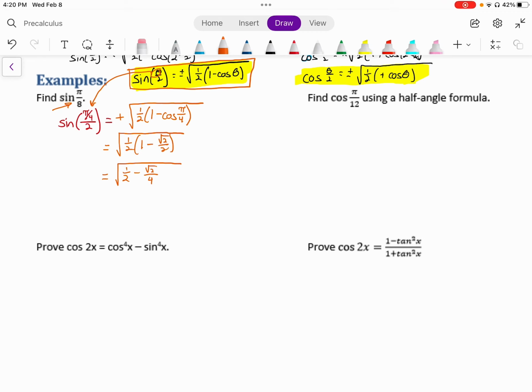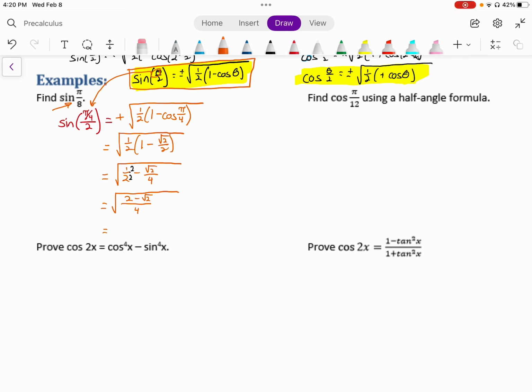Well, we have two fractions there, so we're going to get a common denominator of 4, so we're going to multiply this one by 2 over 2. So we have the square root of 2 minus root 2 all over 4.